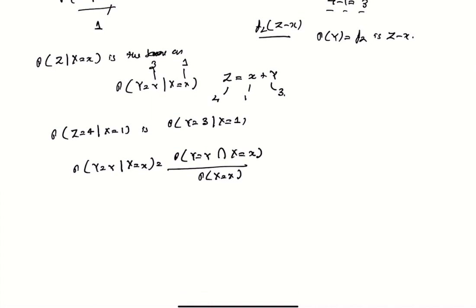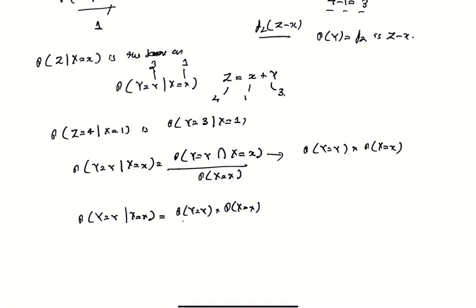Thus, if X and Y are independent events, then this actually becomes probability of Y is equal to y multiplied by probability of X is equal to x. So probability of Y is equal to y given X is equal to little x becomes probability of Y is equal to y times probability of X is equal to little x divided by probability of X is equal to little x.